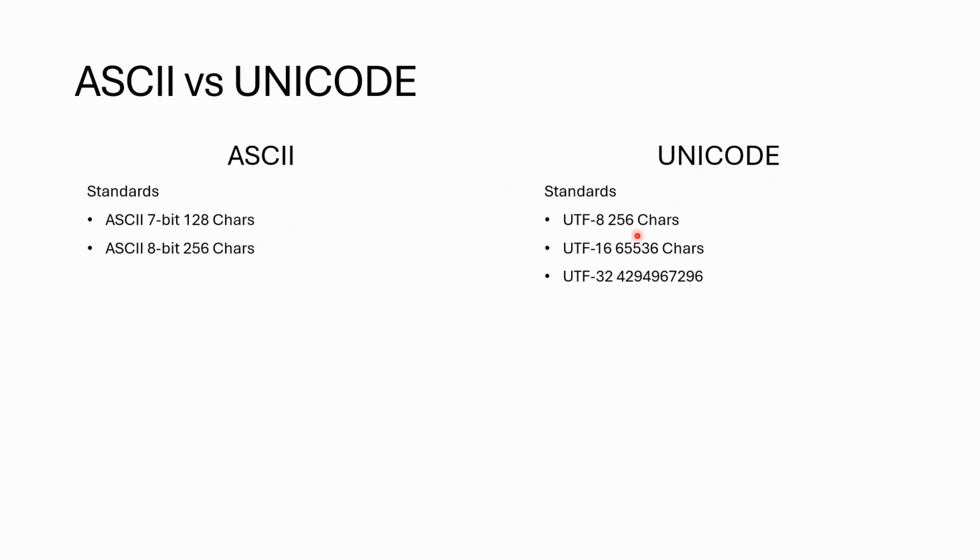Then Unicode, you'll see you have UTF-8, which matches ASCII's 8-bit. So the numbers are the bits. 16, you see a lot more there, and 32. The reason these higher ones exist is a lot of it is for Asian languages or symbol-based, character-based languages. So that's why we have that.